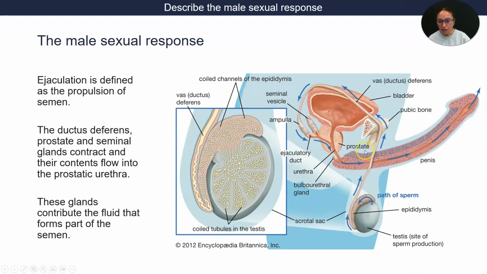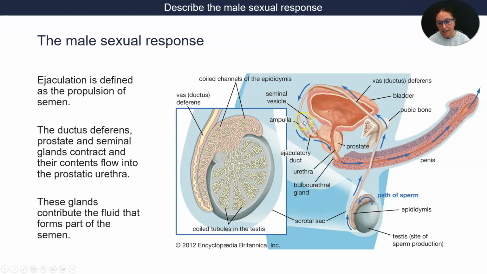Now, if you have a look at this, you can see here that the sperm were actually made in the testes, but the sperm was also stored here until ejaculation. So when ejaculation happens, the sperm go up and around and end up here, okay? Now, when the sperm are here, we have some glands that actually add to the sperm.